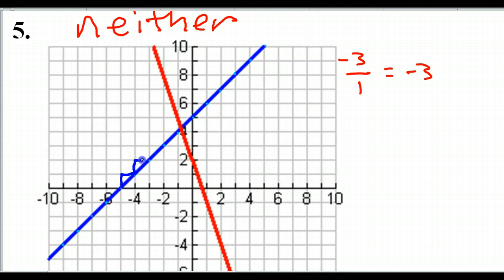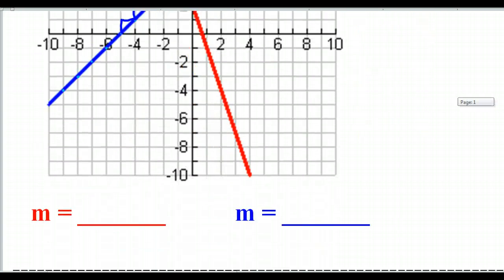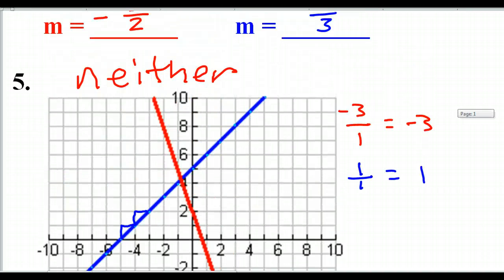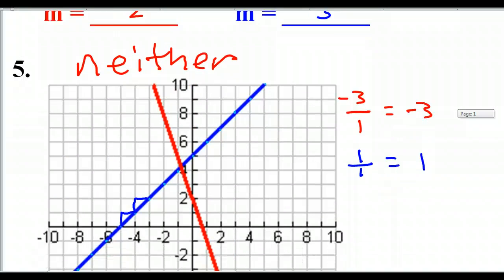Positive 1 over positive 1, which equals, of course, positive 1. Okay, so the blue slope is positive 1, the red slope is negative 3.